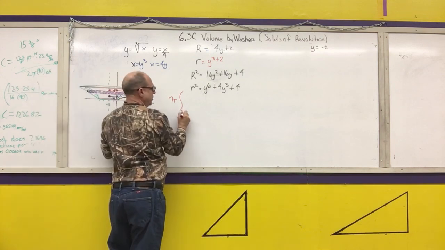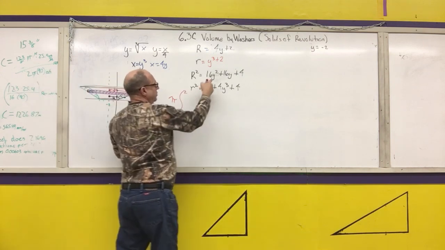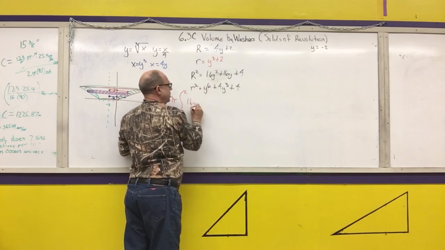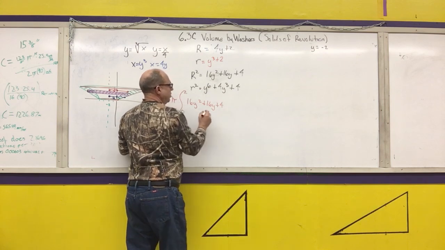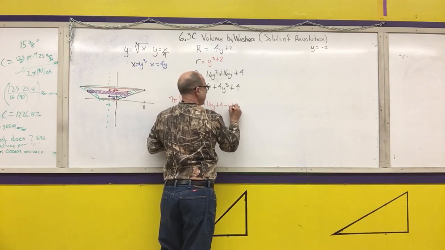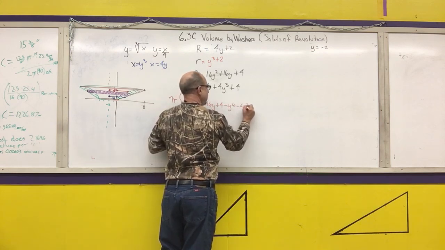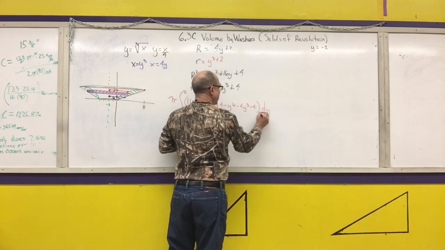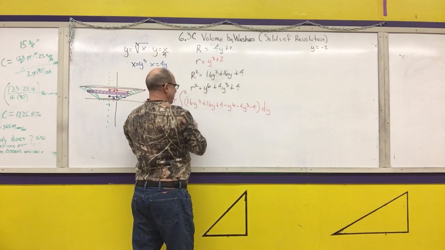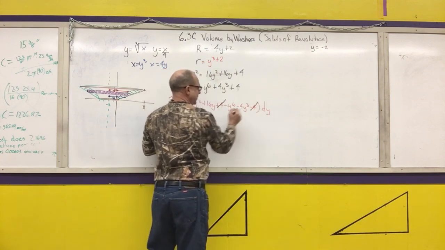So it's 0 to 2 of big R squared minus little r squared dy. That's gone, and that's gone.